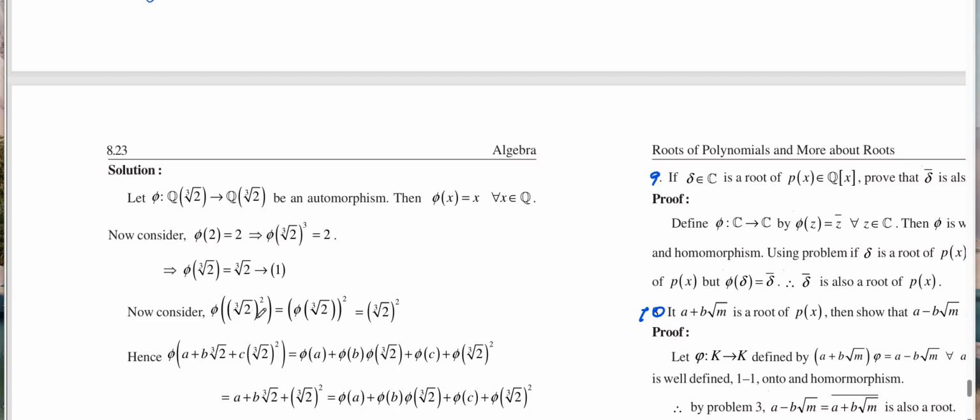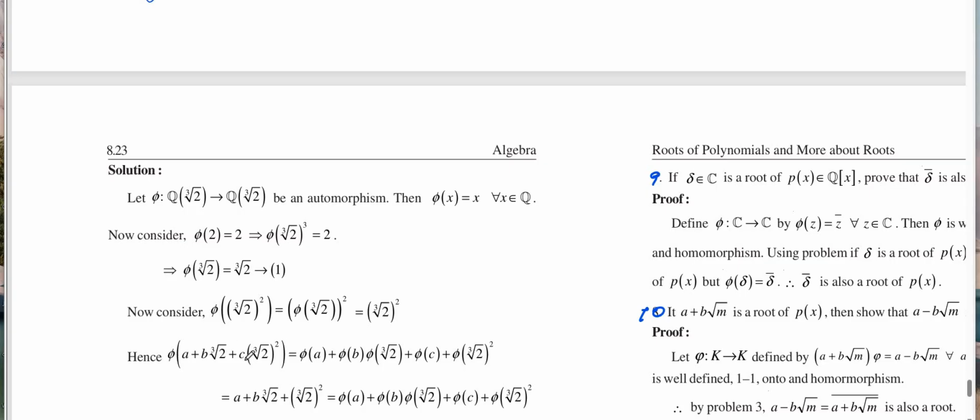Now consider cube root of 2 square. Since phi is a homomorphism, that can be taken inside. So cube root of 2 is taken to itself, as we just had, and cube root of 2 the whole square again behaves like an identity mapping. Now consider phi of a + b cube root of 2 + c into cube root of 2 the whole square.